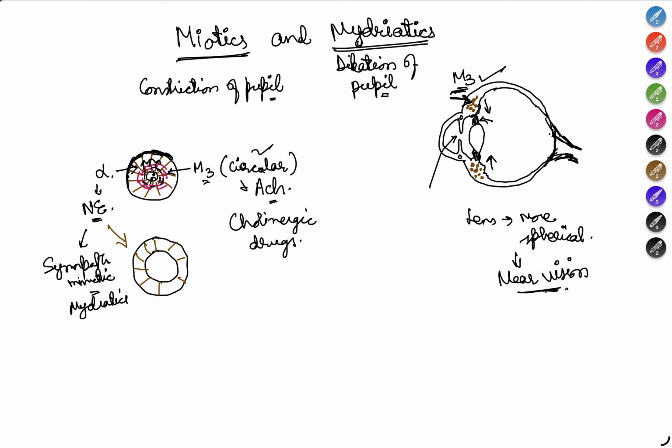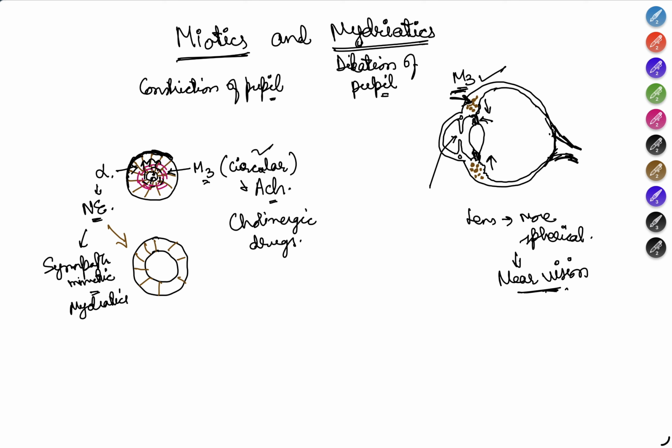So an object which is present near to the eye or the lens, its rays will be emanating, or you can say they will be divergent. So to bring them to the focus, you require more power. So that power will be provided by the more spherical lens.